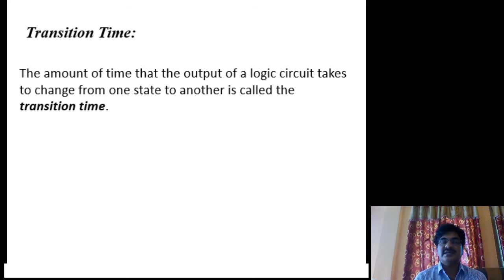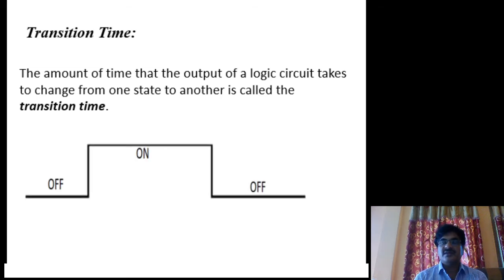The amount of time the output of a logic circuit takes to change from one state to another state is called the transition time. In this diagram, this is the transition period between off state to on state, and this is the transition period between on to off state.